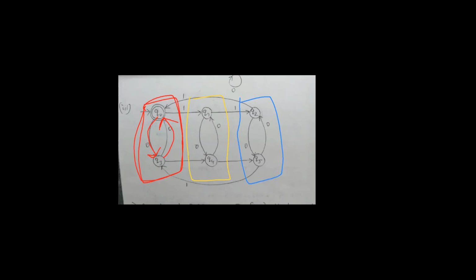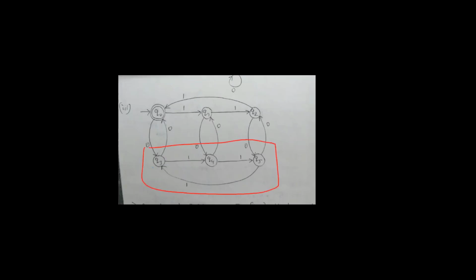And also you have to connect the last Q3, Q4, Q5. How? This last part will also be the number of ones divisible by 3. Look, from Q3 go to Q4, then from Q4 go to Q5, from Q5 back to Q3.